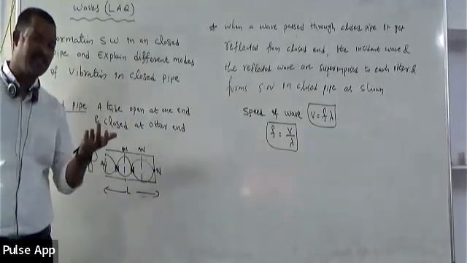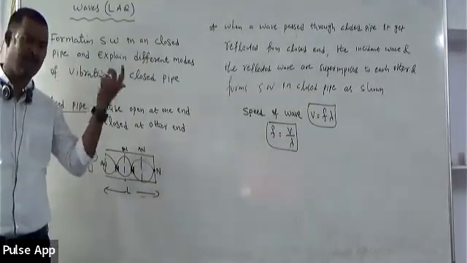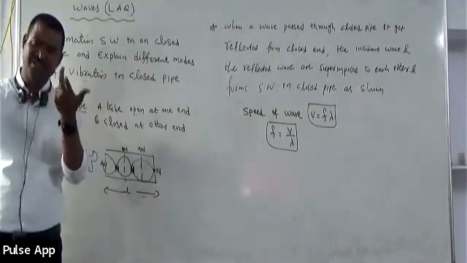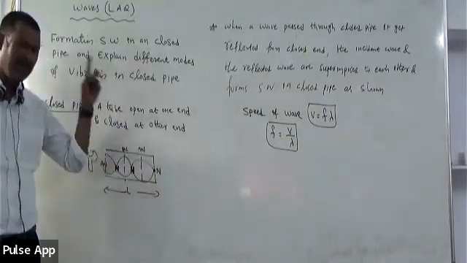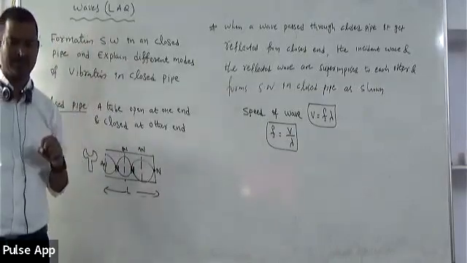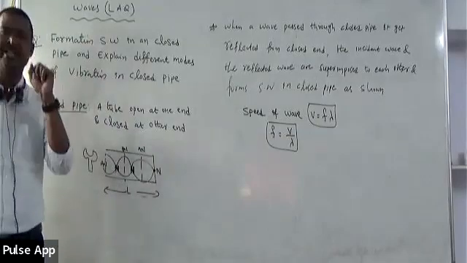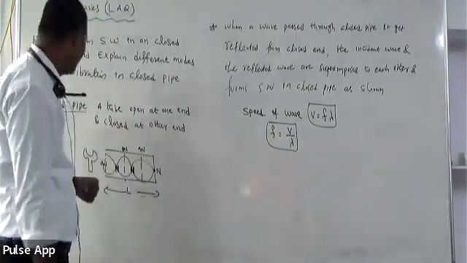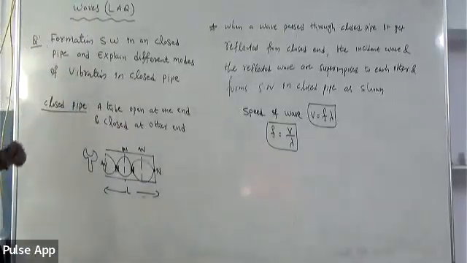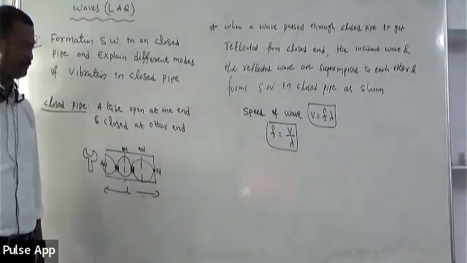Also, is there any difference between the fundamental or minimum frequency in open and closed pipes? A little difference will be present, obviously, because open pipe means both ends are open, while closed pipe means one end is open. So definitely there will be some difference. We'll now discuss the different modes of vibration in a closed pipe.